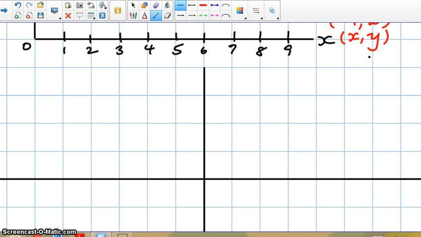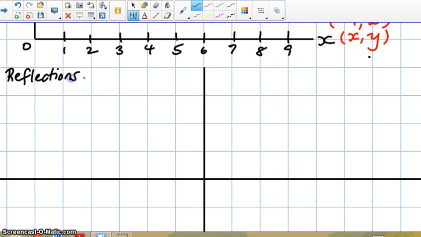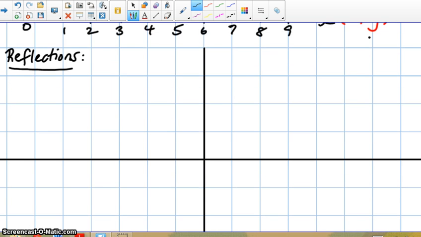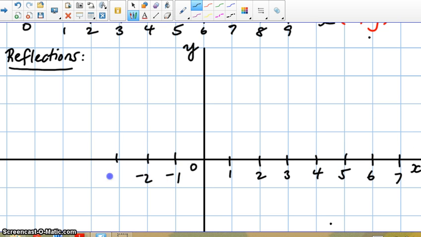Okay, so actually what I should do is I should have reflections up here. So remember, when reflecting, we're getting a mirror image of your original. Okay, so again, make sure you label your y and your x-axis and your origin, and we'll just go up by ones. We're going to reflect 2 times here, and I'll explain how we're going to do that in a second.